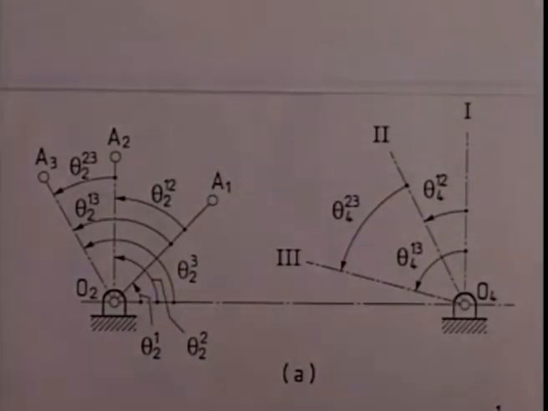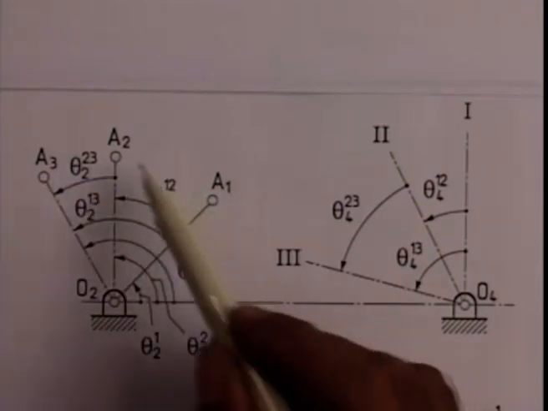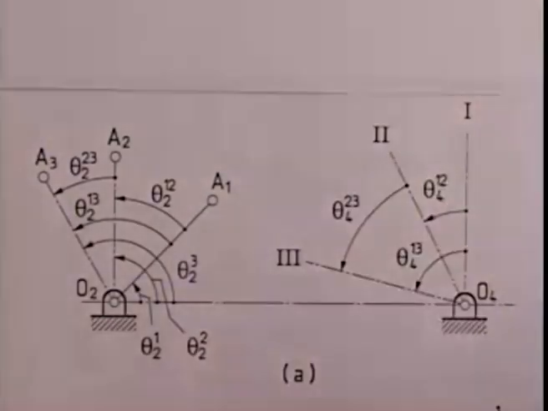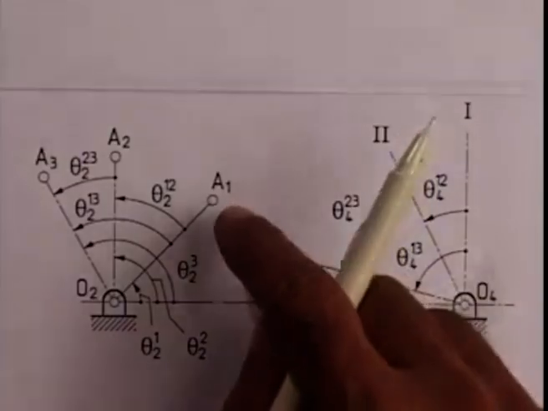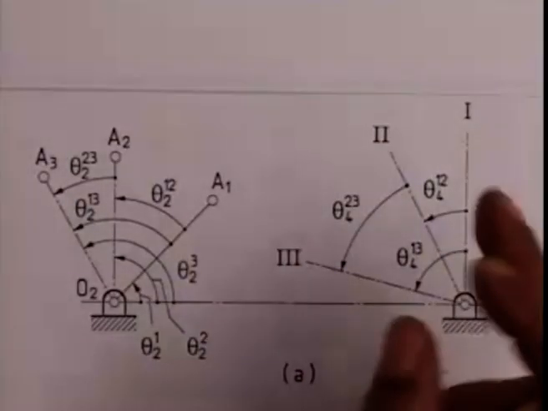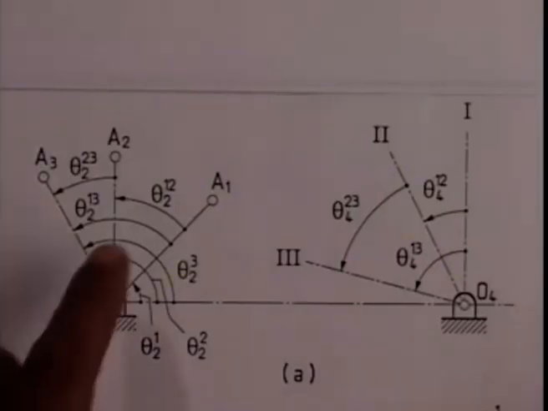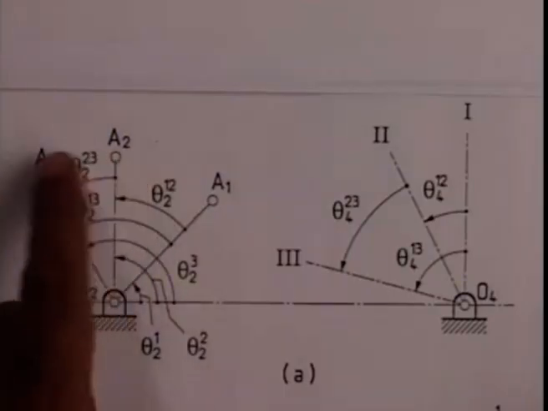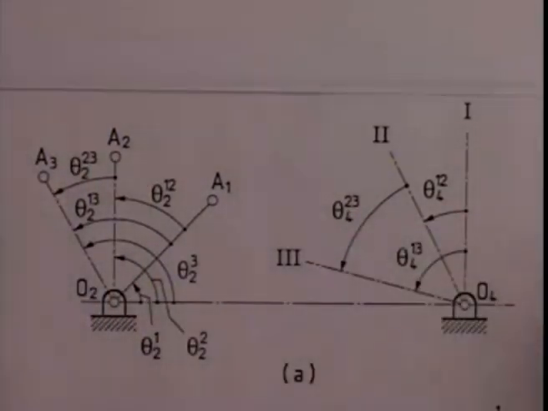Accordingly, we find the inverted positions of the point A, that is A1, A2 and A3. Since we are holding link 4 fixed, that is the point B is not moving from B1, the point A must move in a circle with BA as radius. As we have seen earlier, the first step is to determine the inverted positions of A1, A2, A3, holding the link 4 fixed at its first configuration.